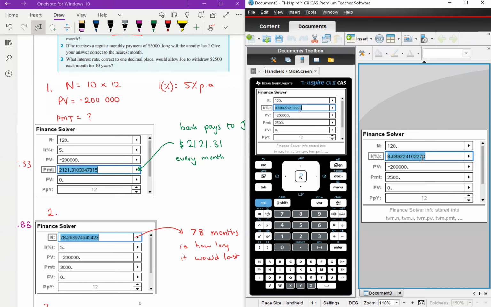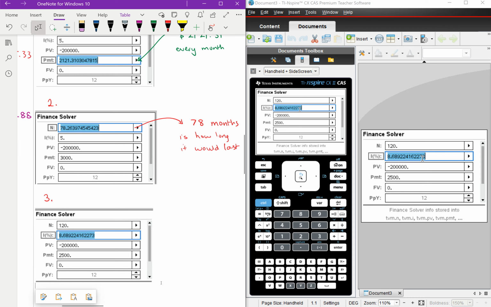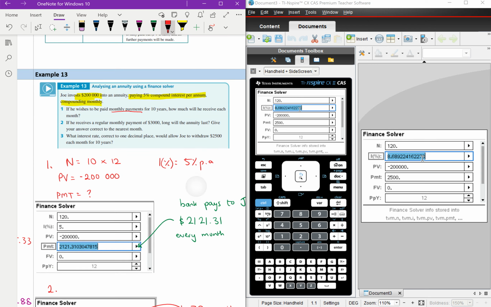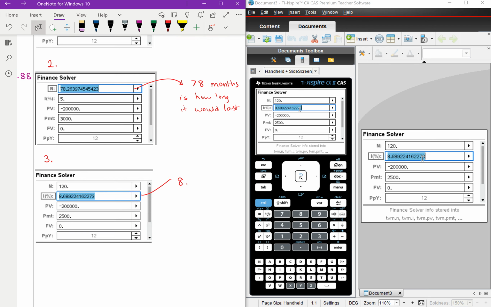8.6%. Okay, I need to go and look for a bank that offers this rate of 8, what do they want? Interest rate correct to one decimal place. Okay, so 8.7% per annum is the rate I'm looking for.